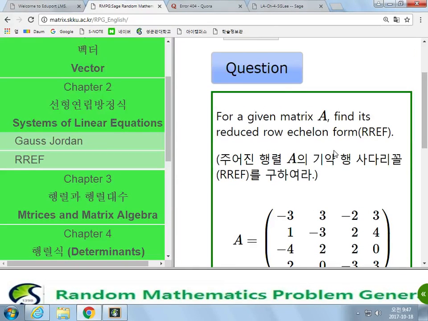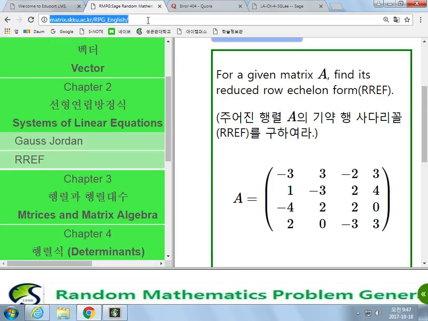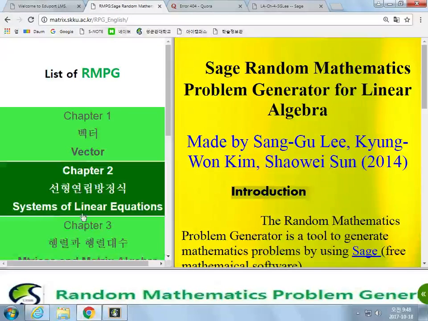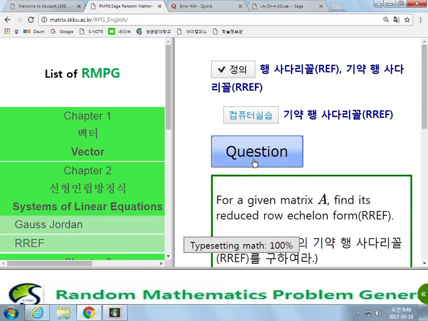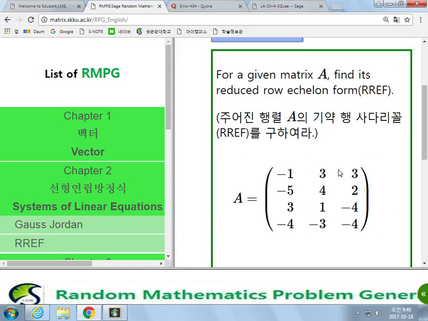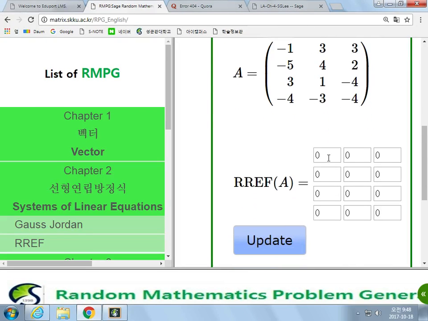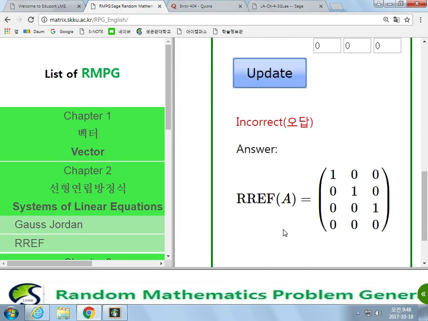If I do it again, it will make a new problem over and over again whenever I click it. So find the RREF of this matrix. What's the answer? Is this the answer? No. This is the answer.